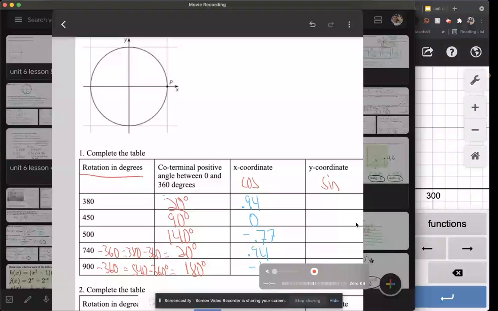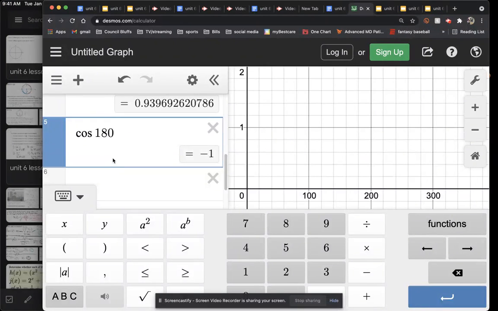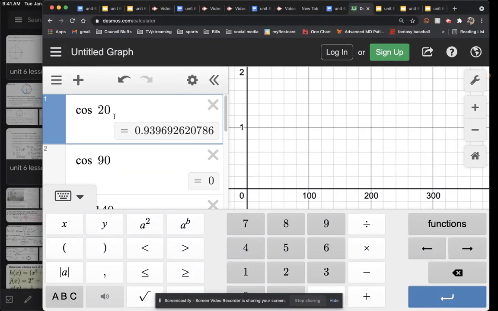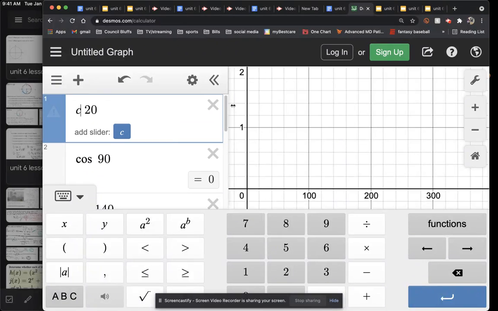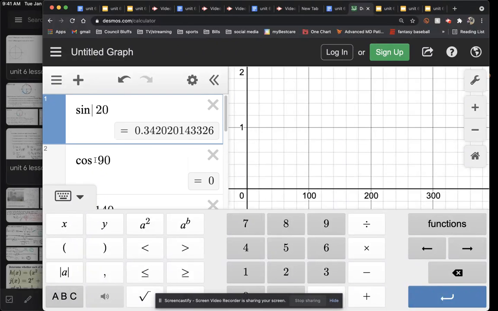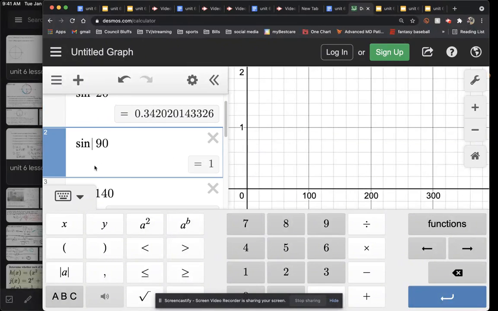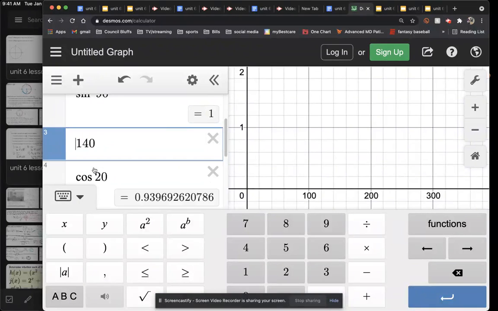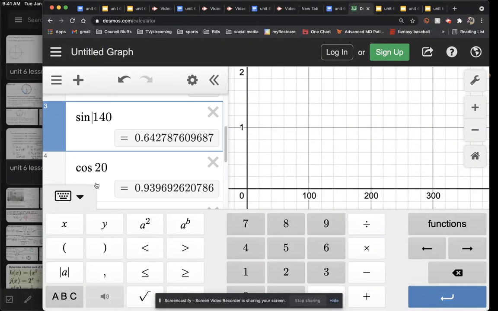And then to find the y-coordinate, I'm going to take the sines of all those angles. So now I'm just going to go into Desmos here, and I'm going to switch all the cosines to sines. Easy as that.